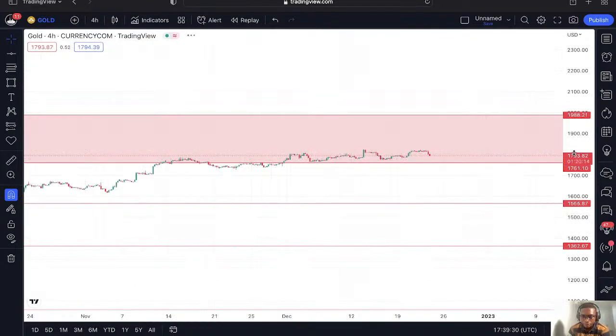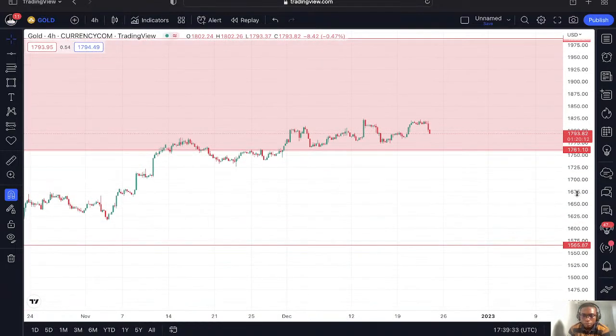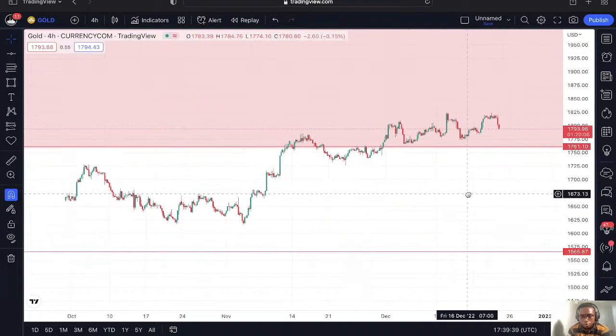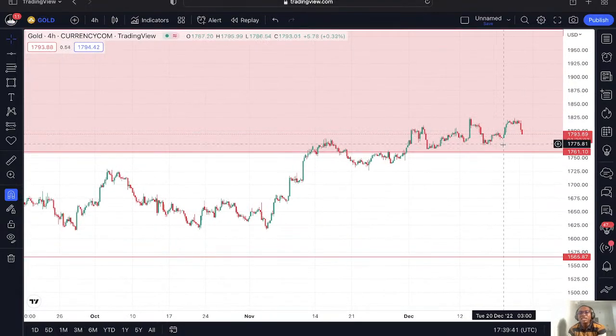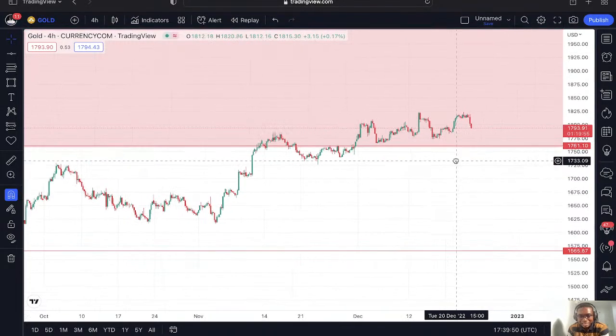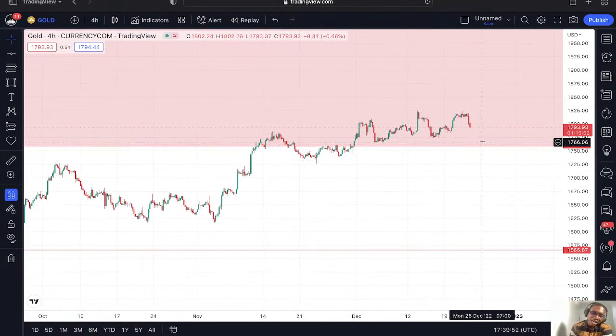Look at the 4 hours time frame. If you look at it now, we can't really decide for gold here. There is no clear movement. So we expect to see gold's reaction at this support level. Gold's reaction at this support level would determine what is next for gold. If gold breaks further down, then we are expecting a bearish momentum.